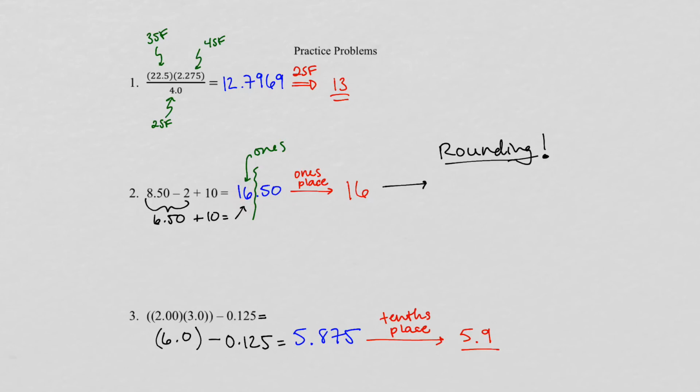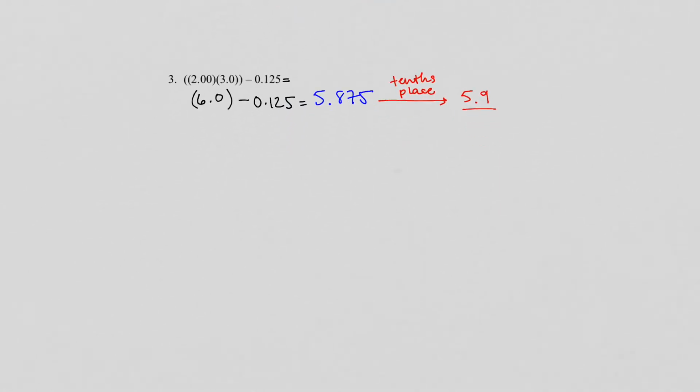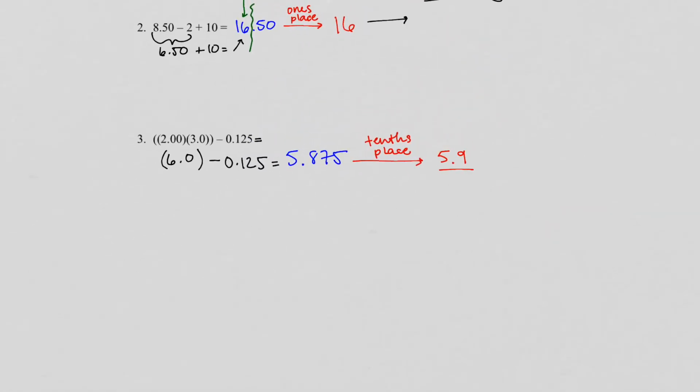So, just to recap, I'm going to move the screen down here. I'm actually going to copy this, so it's going to be 2 prime. It's going to be 8.50 minus 2 plus 10 equals 16.50. I'm going to put an arrow, say ones, and it's going to be 16.